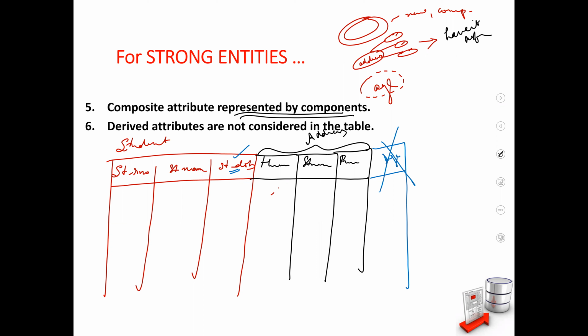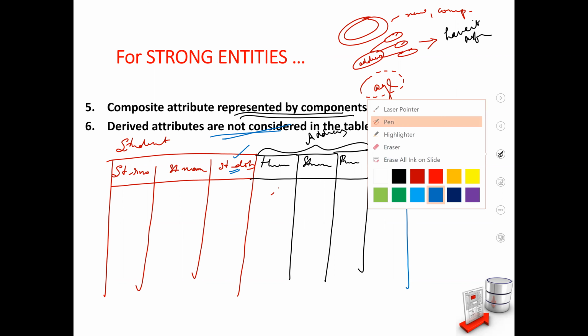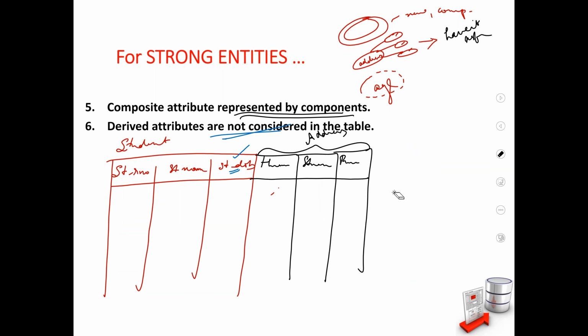So very simple, just ignore it. You need not consider it in your table. In your ER diagram, let it be there. You know that age can be derived from date of birth. Whenever you want the age, you can do it via calculation. Simply don't waste another field for age. So we will not have age over here. So that student entity, this is my student table.